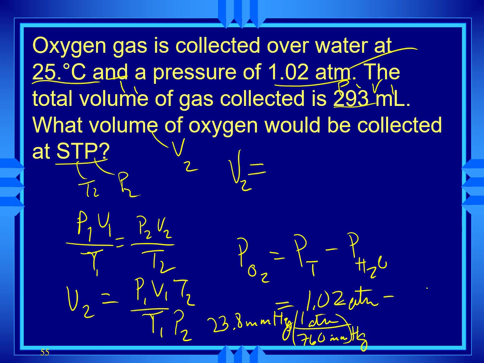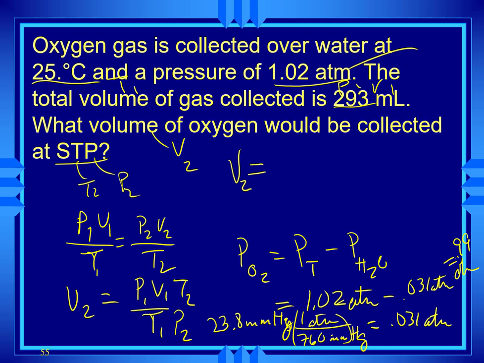So 23.8 divided by 760 is 0.031 atmospheres. So 1.02 minus 0.031 atmospheres is 0.99 atmospheres.